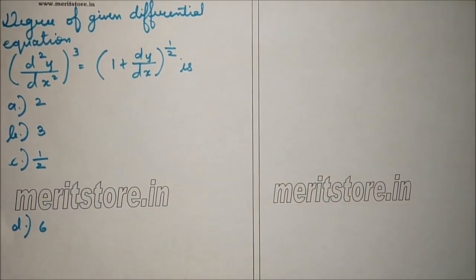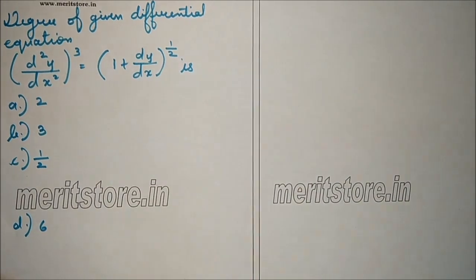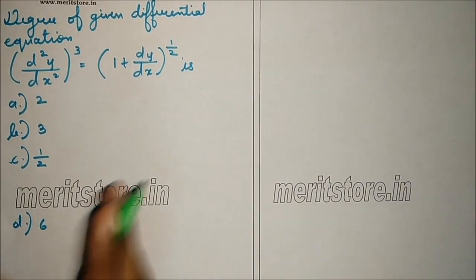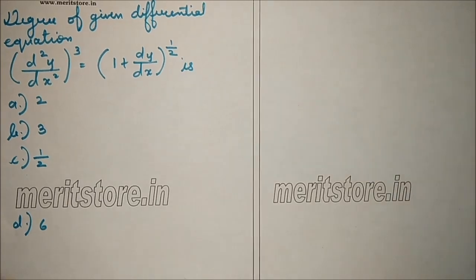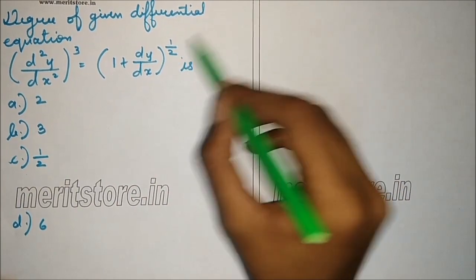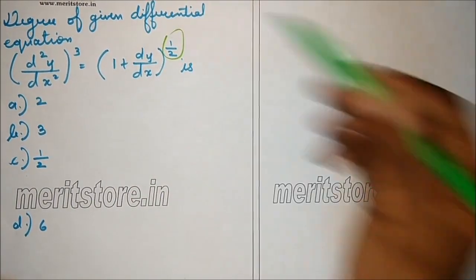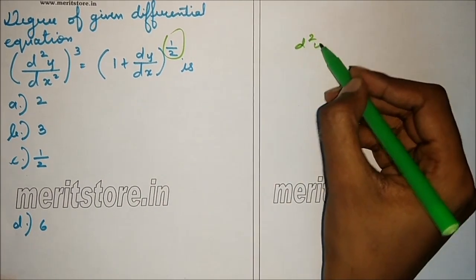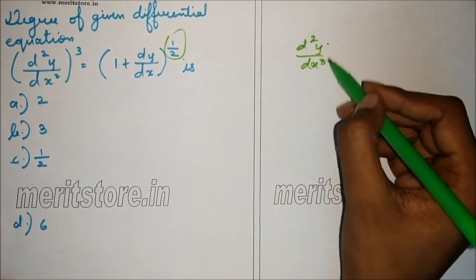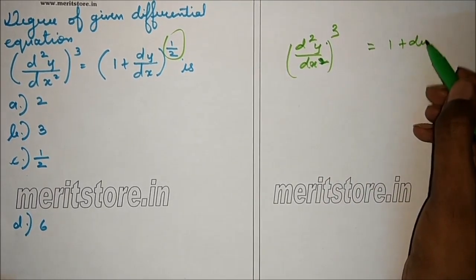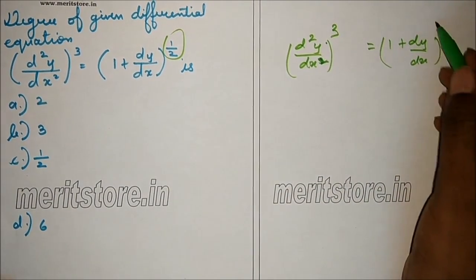Degree of the given differential equation: d2y by dx square the whole cube equals 1 plus dy by dx raised to half. We have to find the degree. We'll take the square on both sides to remove the raised to half.